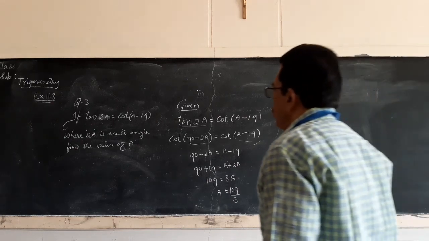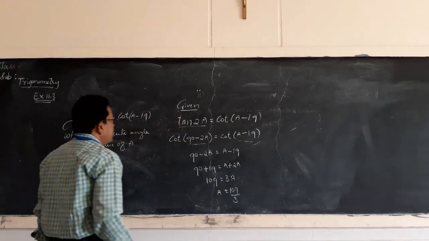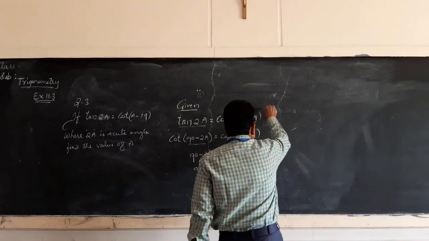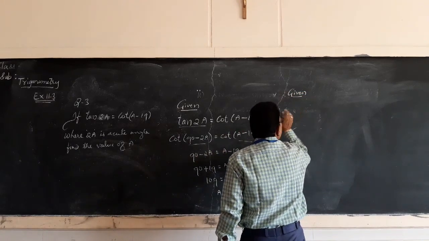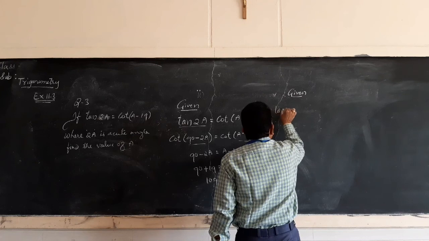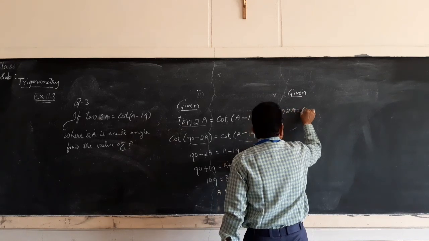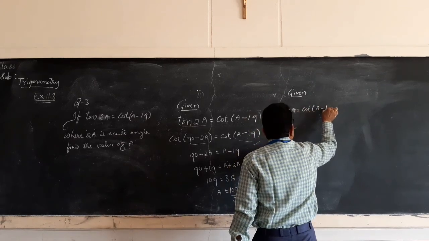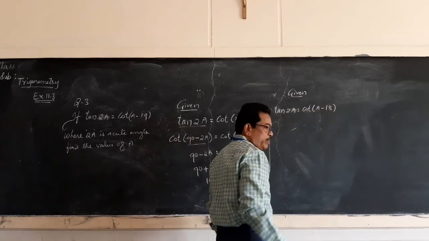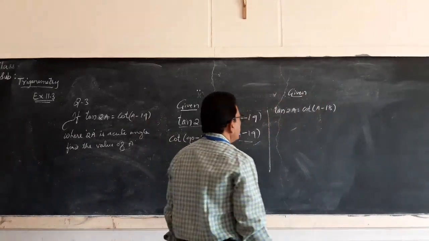Okay, now here if we consider the tan of 18 given, tan 2a equals cot of a minus 18. In the textbook, 18 is given instead of 19.